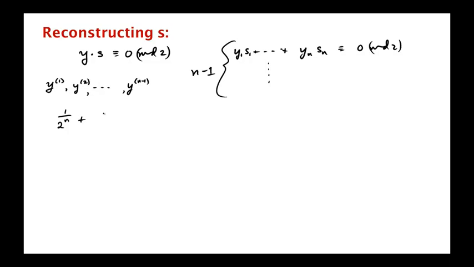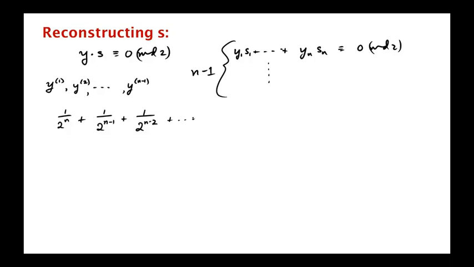There are two ways that could be, so it's 2 over 2 to the n, which is 1 over 2 to the n minus 1. What about the third one? The third one is bad if it's a linear combination of the first two. If it's either the 0 string, or y1 or y2 or y1 plus y2. So there are four ways it could be bad. So chance is 1 over 2 to the n minus 2. And so on.